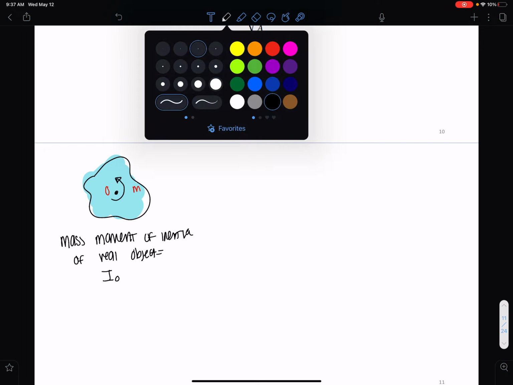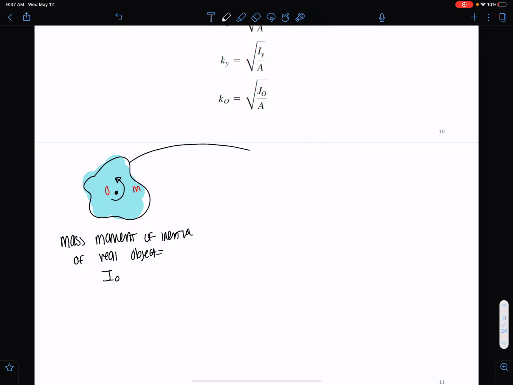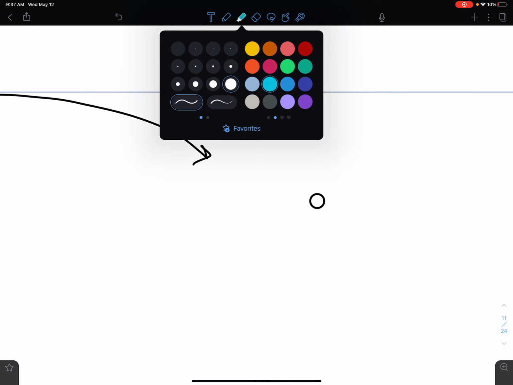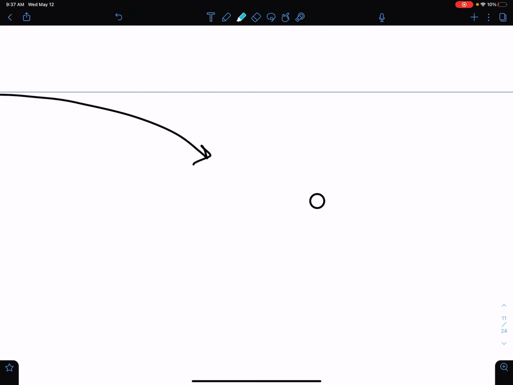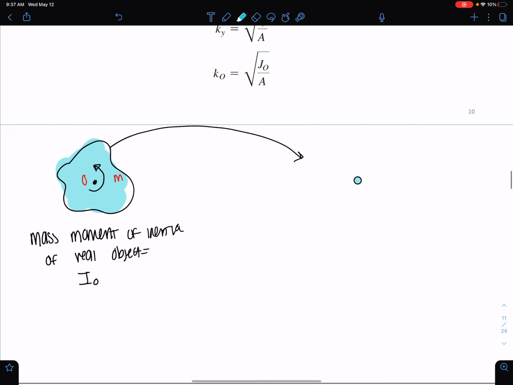But now let's assume that this whole shape, this whole mass of the object, is concentrated at this teeny tiny point. I just took that whole blue mass and concentrated it.